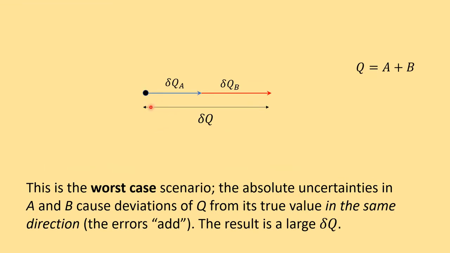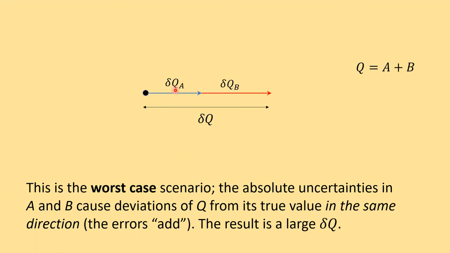And so this black arrow here, which has a length equal to the sum of these two, represents the total propagated error or uncertainty in Q. So if this dot represents the true value of their combined weight, what you would have calculated is a number over here due to these two contributions to the error.